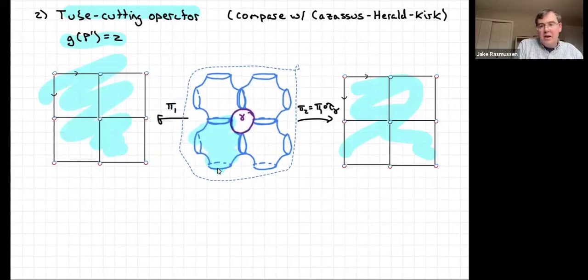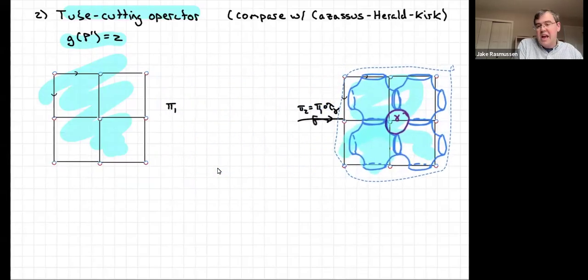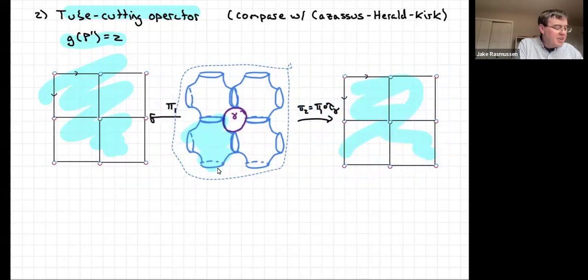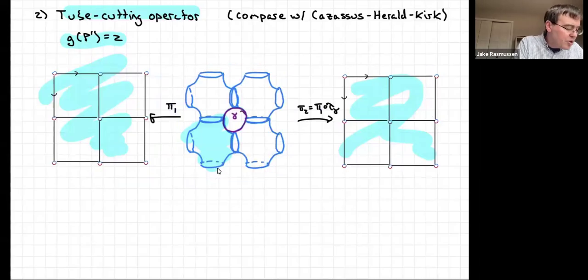Again, this tube cutting operator is very symmetric, so the projection going the other way looks very similar, except before moving it over here and squashing this flat, I take the surface and do a Dehn twist along this purple curve, which, if you think about it, is really surrounding this puncture here.